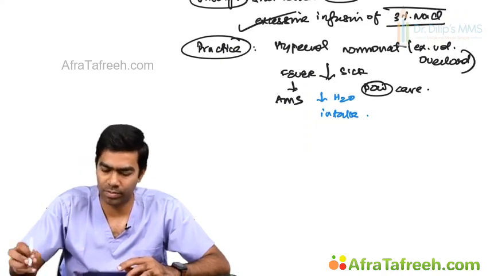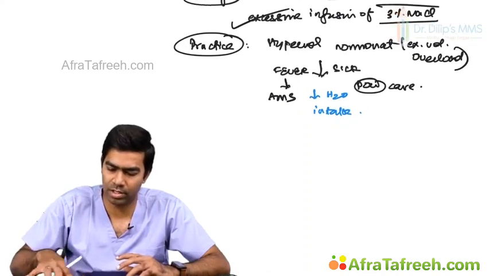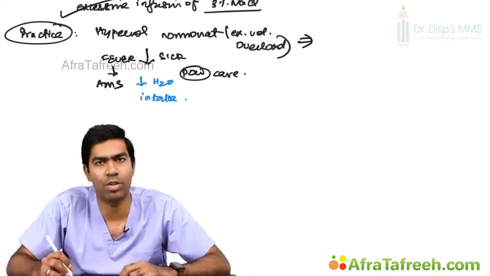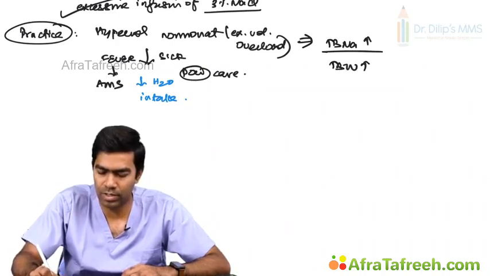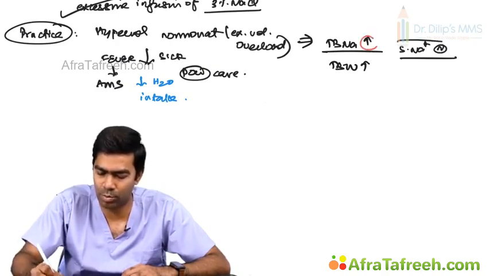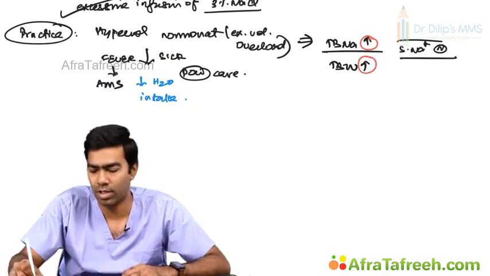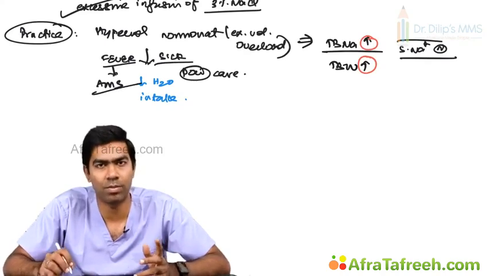And remember, what will be the initial picture or equation of a hypervolemic normonatremia? Total body sodium will be increased, whereas total body water will also increase. Because of that, the serum sodium will be maintained in the normal range, which means both are in proportionate range. That's why serum sodium is normal. Now this patient is getting fever, is sick, has altered mental status, and there is no proper care.